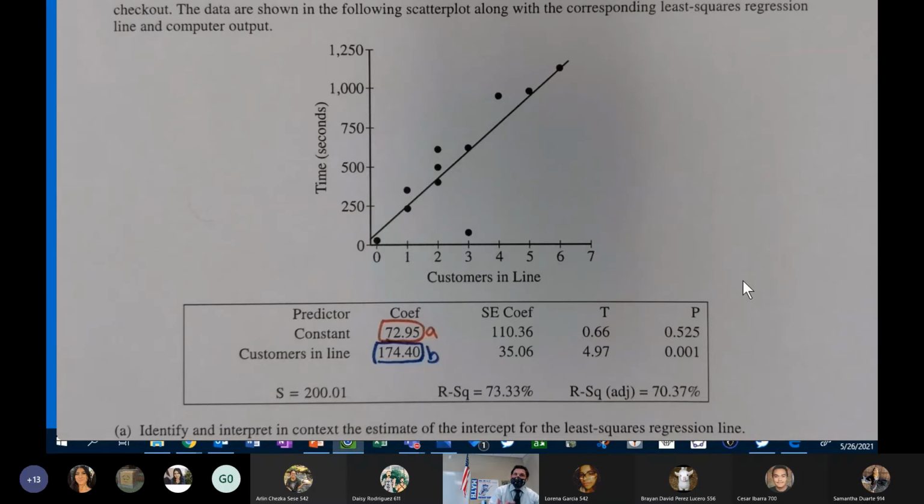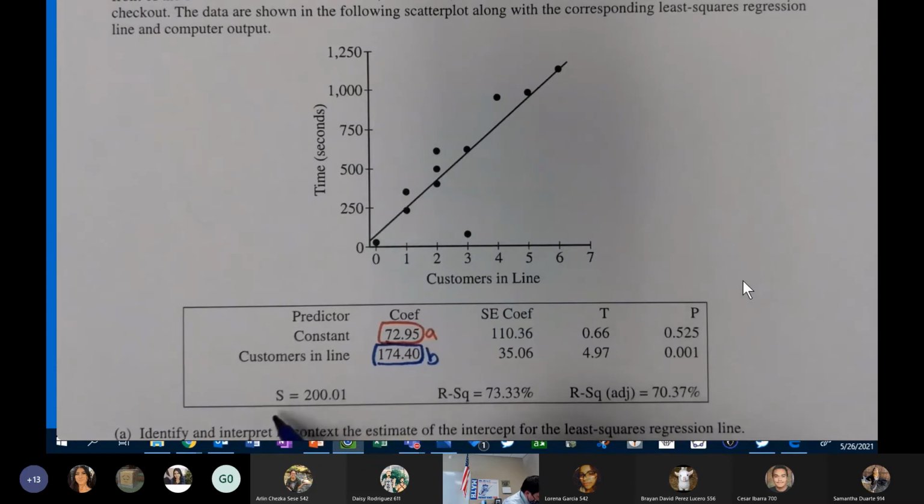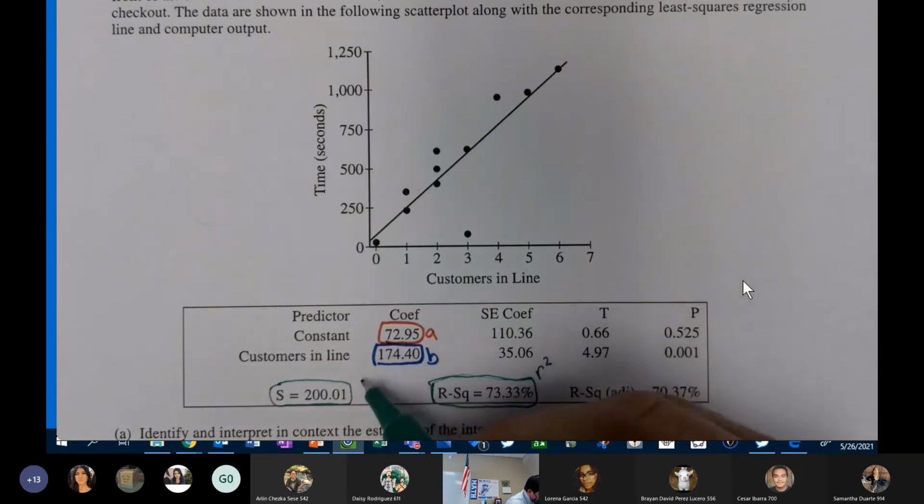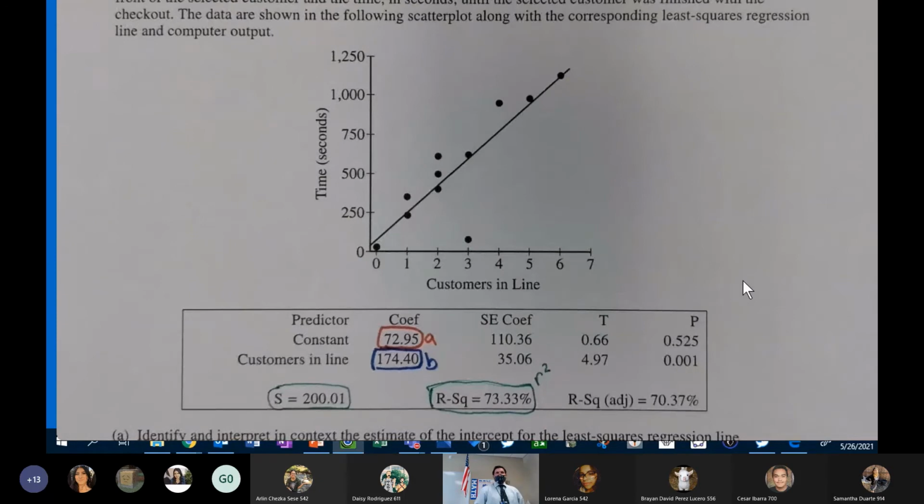So for each customer in line, that's how much more time you have to wait. We then have S, the standard deviation of the residuals, and R squared. So we have all of our values here that we saw previously, and we're going to use them.